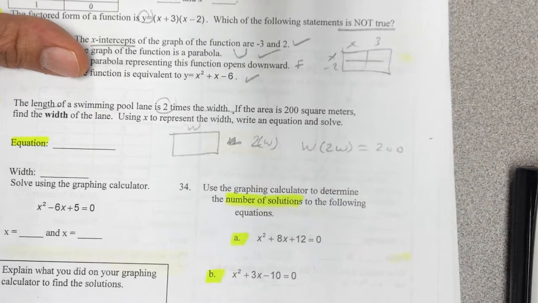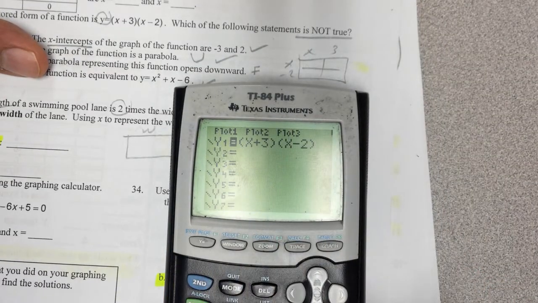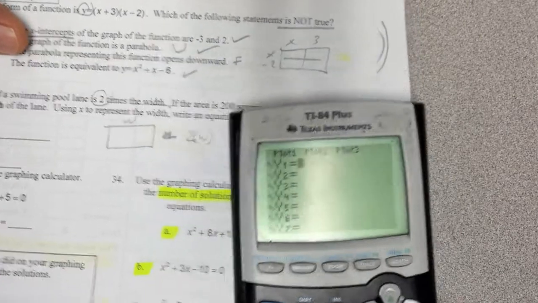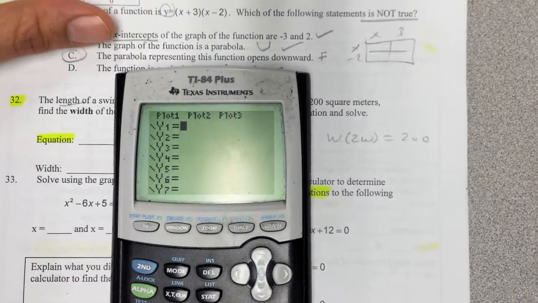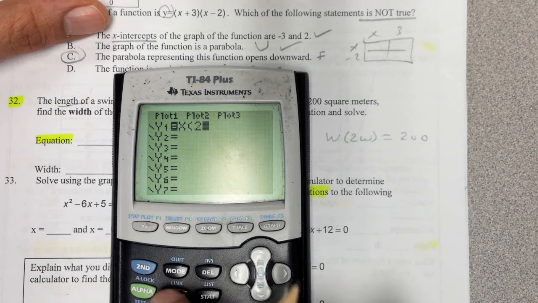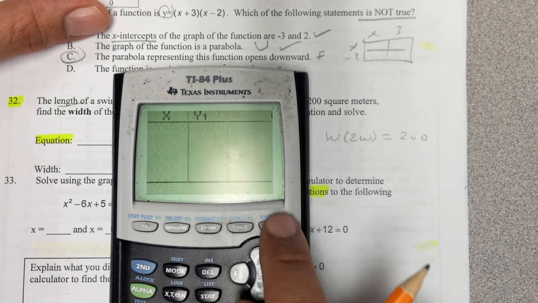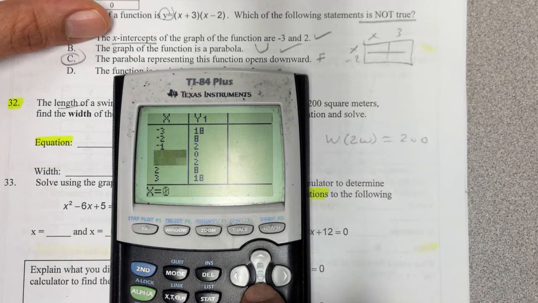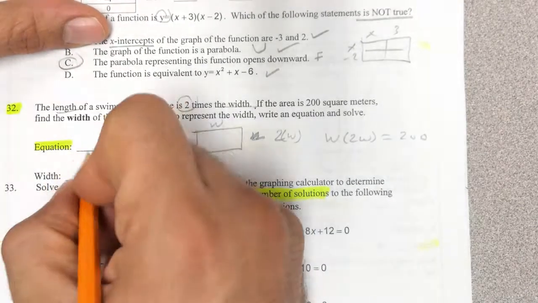If you want to solve it, all you got to do is go to your calculator, type it up just like we've been doing. Again, the calculator doesn't like W, it likes X. And we're looking for 200. Answer is 10.